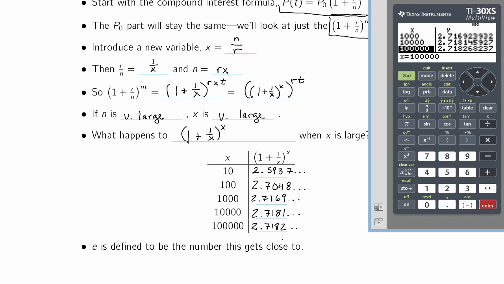The bigger x gets, the less this changes every time we go up. It's getting close to something. It's not getting close to something obvious like 3. The number it's getting close to, we call that e.